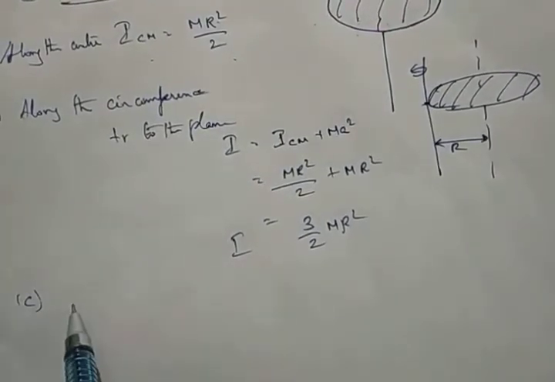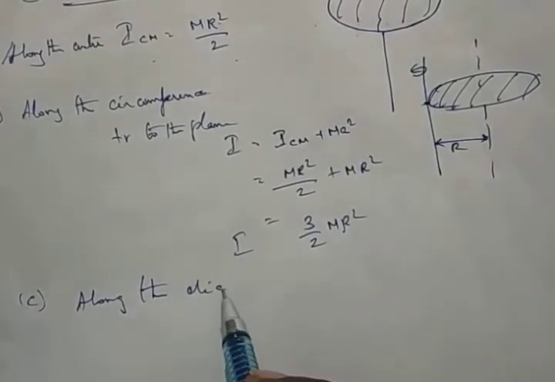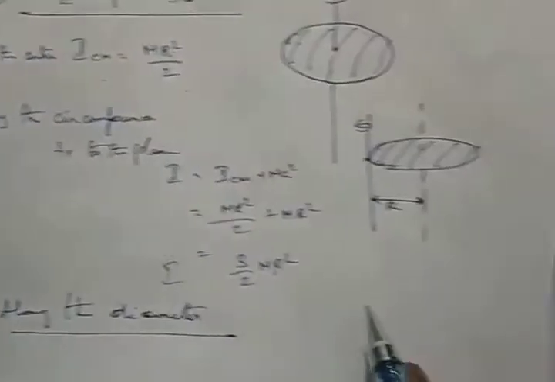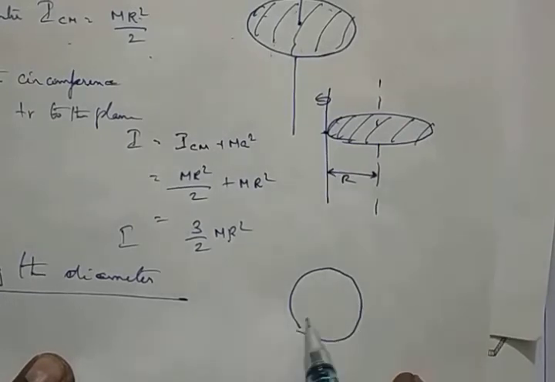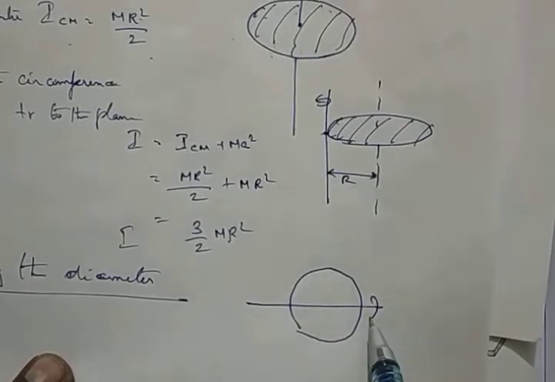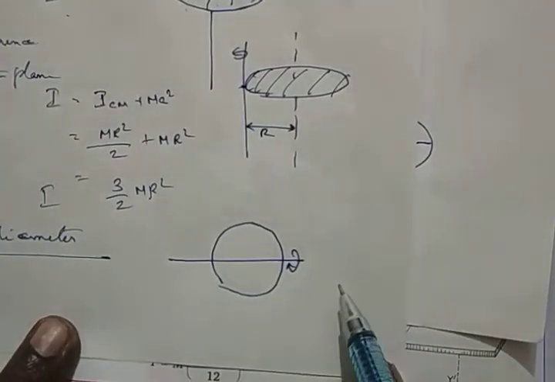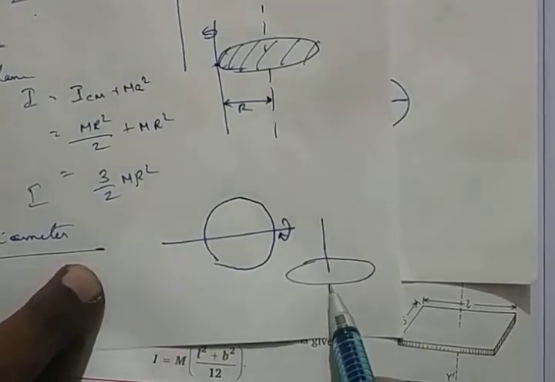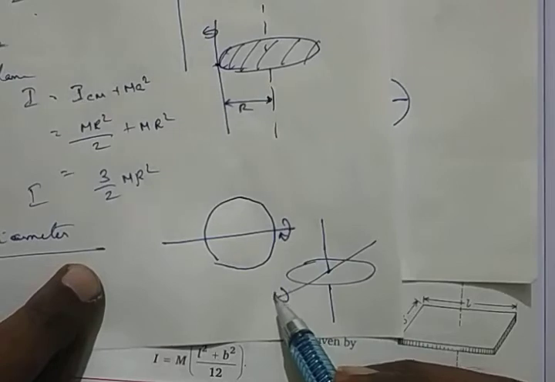C part, along the diameter. What does diameter mean? If the disc is like this, if it goes this way, what will happen? For that, again you need to go like this, and it could be made like this.